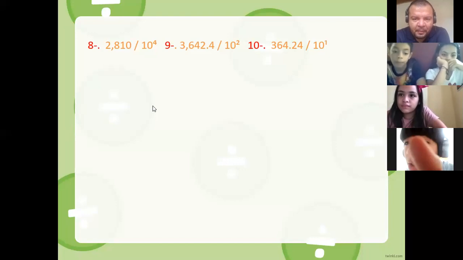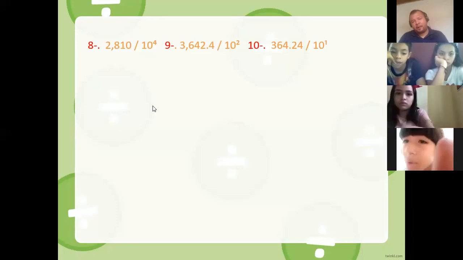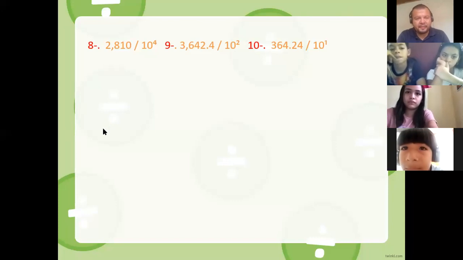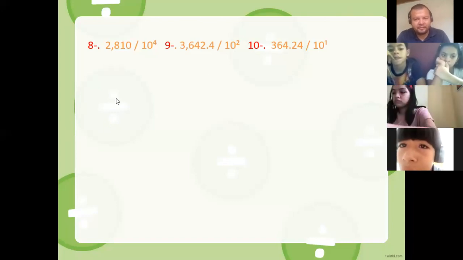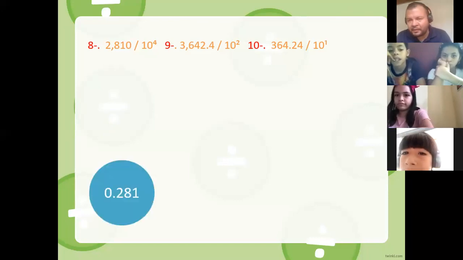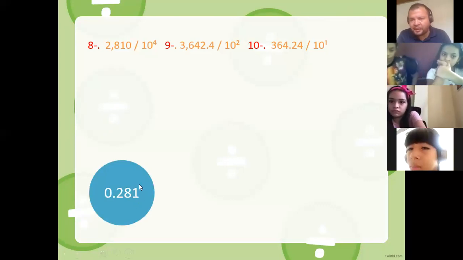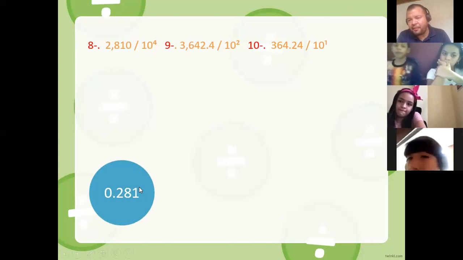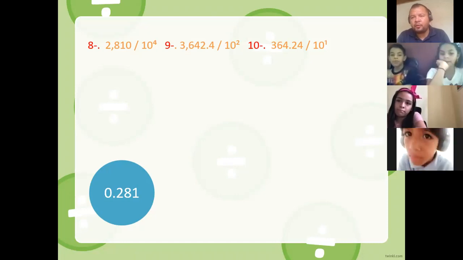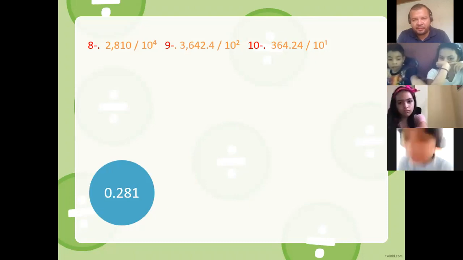Roland said 0.2810. Well, the answer of number 8 is 0.281 or 0.2810, it is the same. Remember, the 0 at the end doesn't have any value. It doesn't matter if you write 0.2810 or only 0.281. It's the same answer.